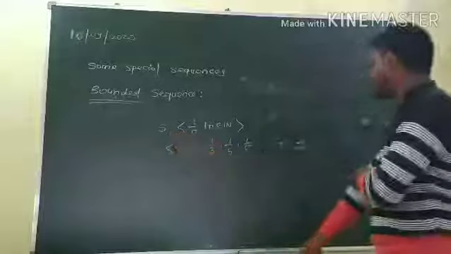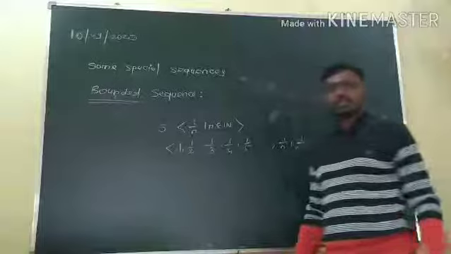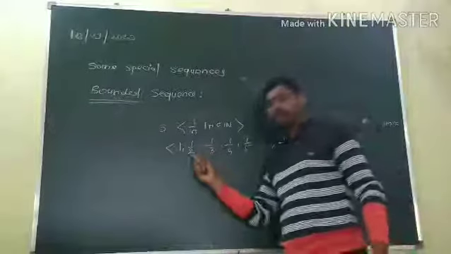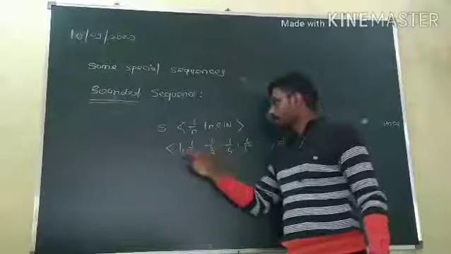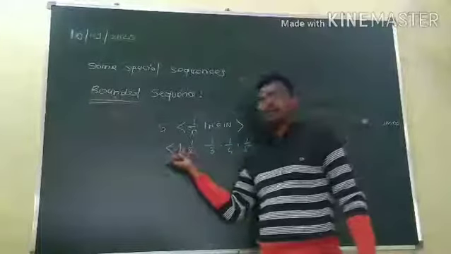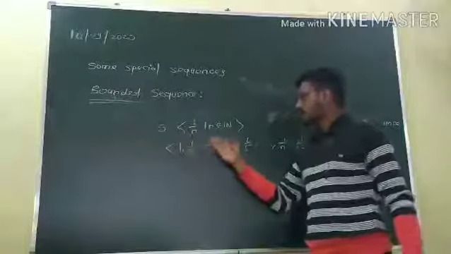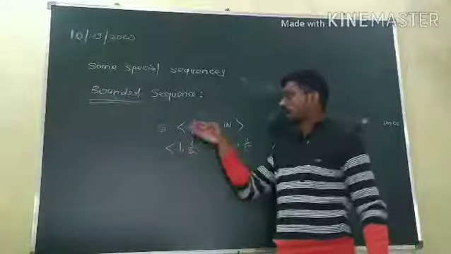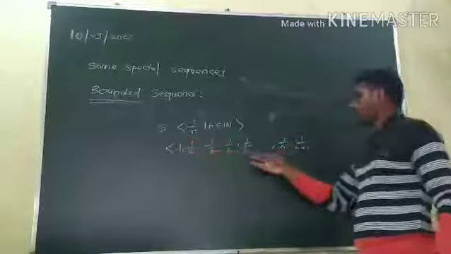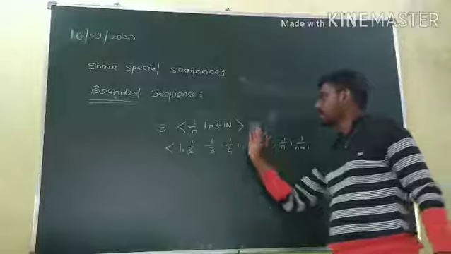Now see, the first term of the sequence is 1, later on 1 by 2, 1 by 3. If we observe the elements of the sequence, 1 is the highest element, because 1 by 2 is less than 1, and 1 by 3 is even less than 1 by 2, so it is also less than 1. As we go right, every term is less than its previous term.